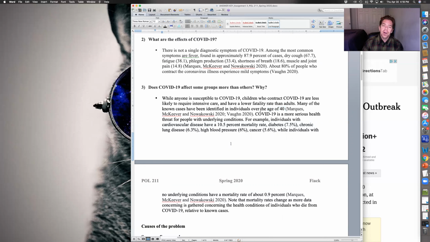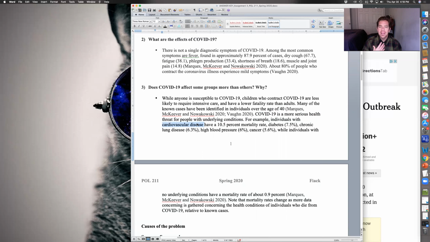So getting back, does it affect some groups more than others? Well, COVID-19 is a more serious health threat for people with underlying conditions, right? So this is also statistically supported. And again, the statistics here in the assignment may have changed, and this is a dynamic problem, it's continuously changing as information gets updated and data becomes available. But generally speaking, individuals who have cardiovascular disease, right?